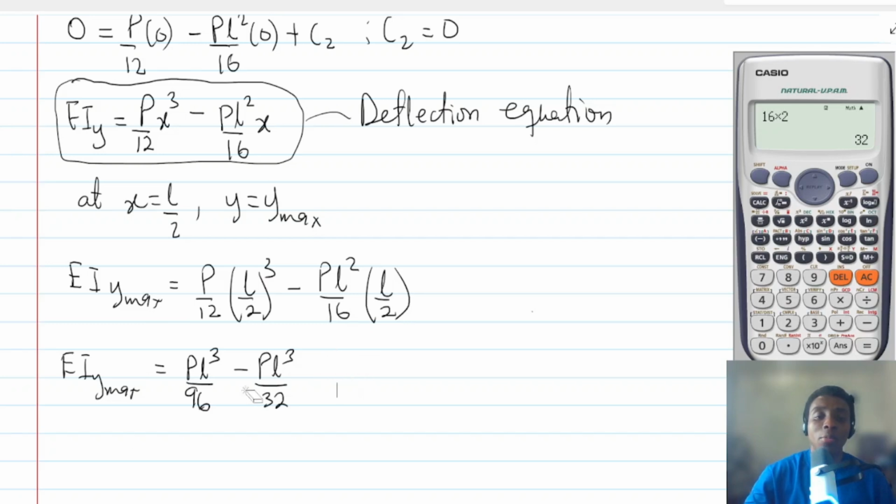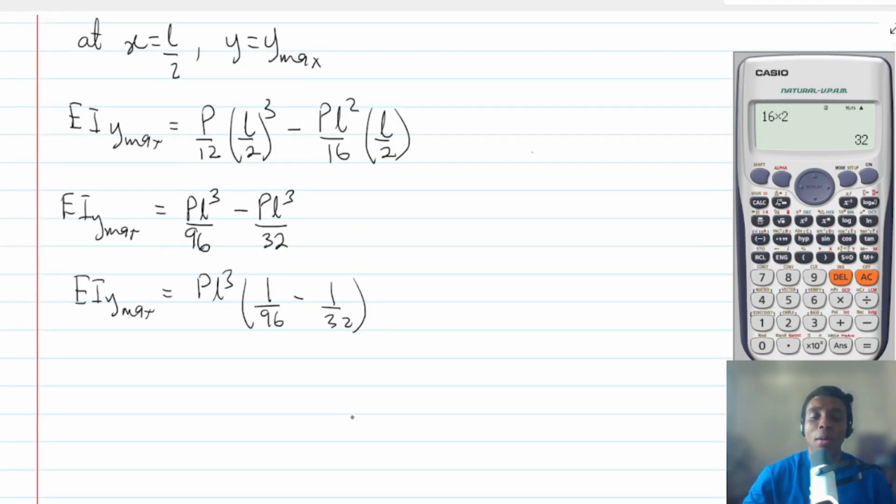Then we have 1 divided by 96 minus 1 divided by 32. Now what is it? It is minus 1 over 48.